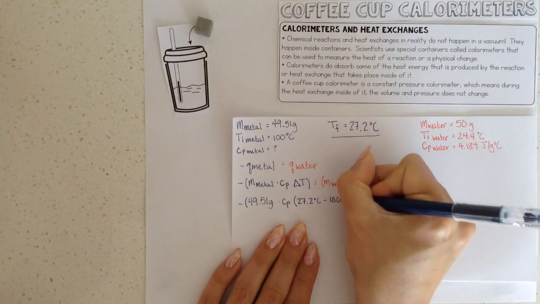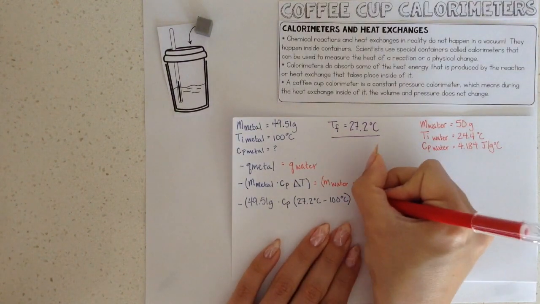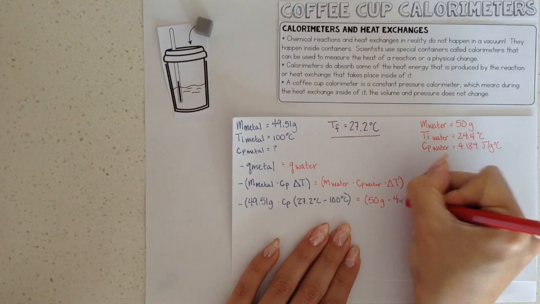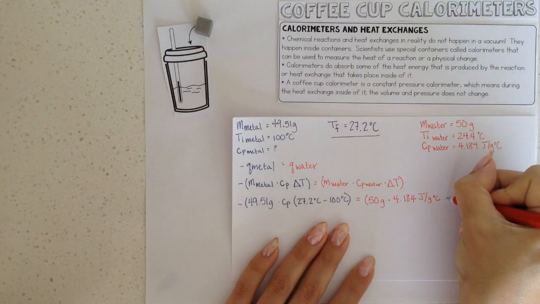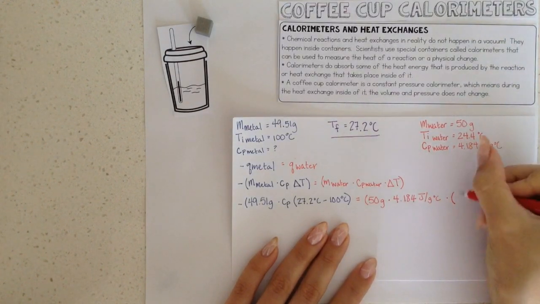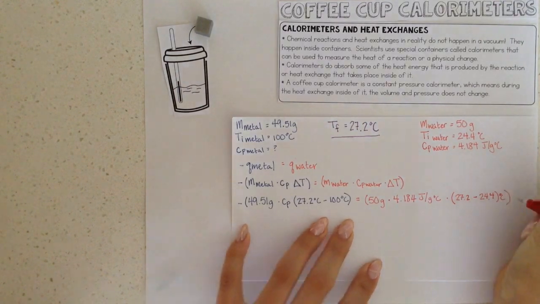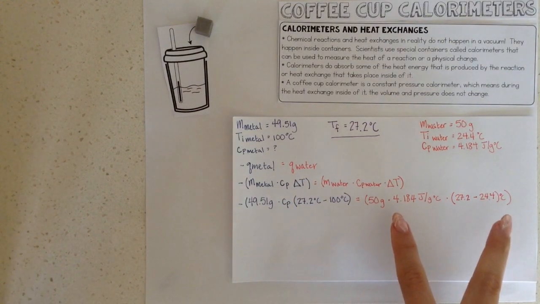Initially we were at 100 degrees Celsius. We know all the information required to solve for the heat that was gained by the water right here.